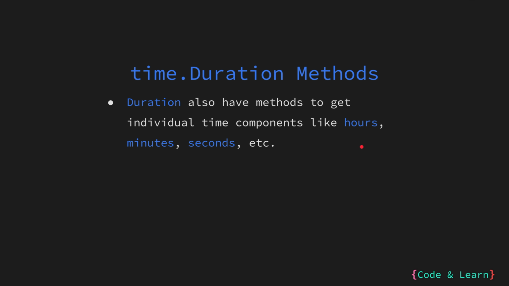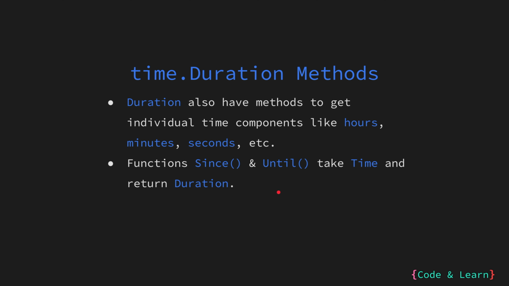The time.Duration type also provides direct access to individual components like hours, minutes, etc. via various methods. So if we take t, which is of type Duration from the previous example, we can call t.Nanoseconds to get a nanosecond representation. Then we can call t.Microseconds, t.Milliseconds, t.Seconds, t.Minutes, and t.Hours to get the duration in their respective units.